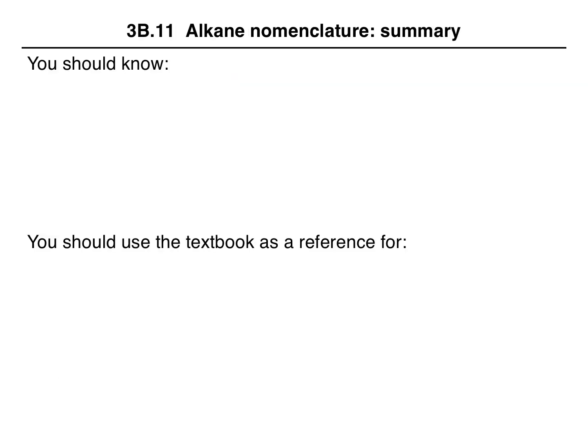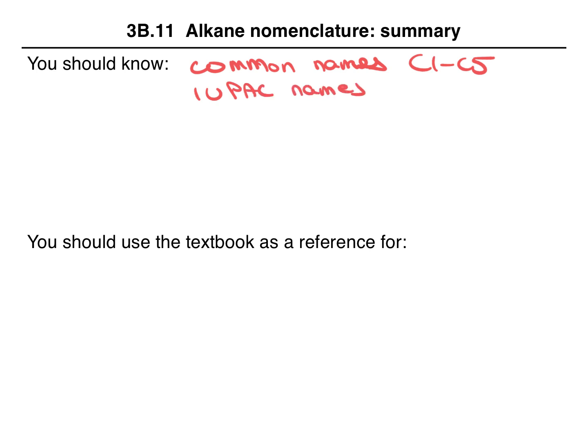Okay, so after all that, what do you need to know? I want you to know the common names for C1 to C5. I want you to know the IUPAC names for C1 to C10. So this means that our biggest base name would be decane, and I don't need you to know what is 12 carbons or what is 14 carbons. You would use the book as a resource for that.